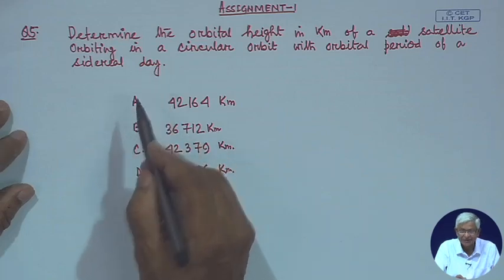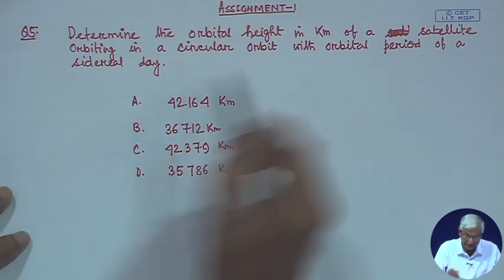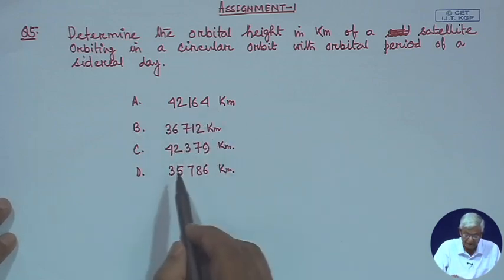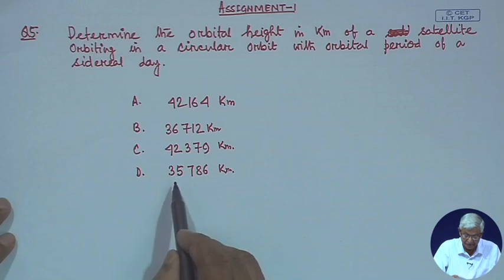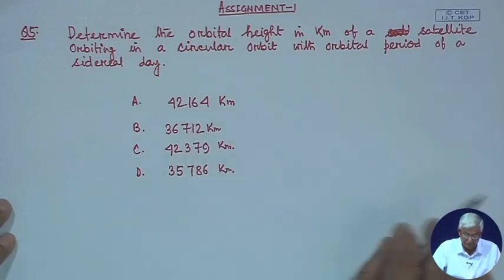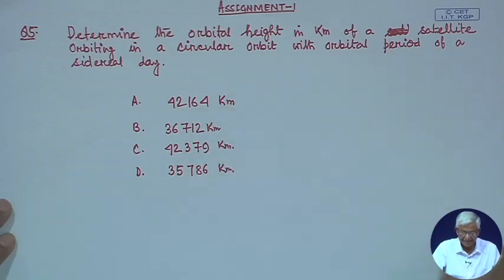It will be a geostationary satellite. The options are 42164 kilometer, 36712 kilometer, 42379 kilometer, 35786 kilometer. Though we know the answer, let us calculate and see.